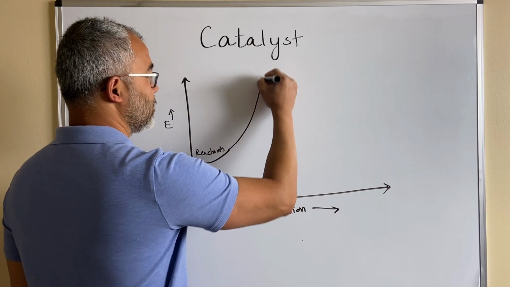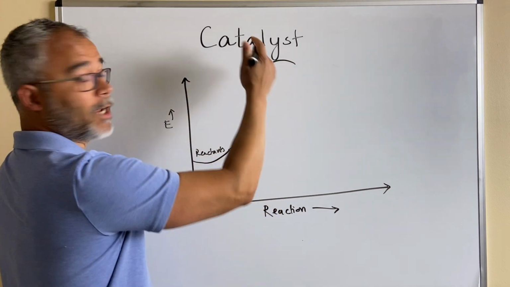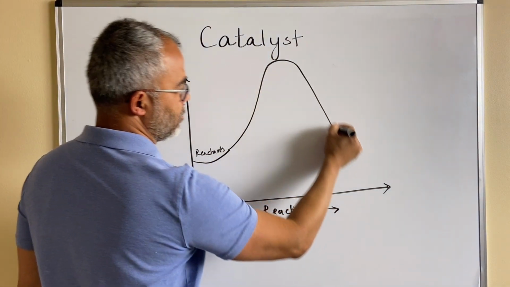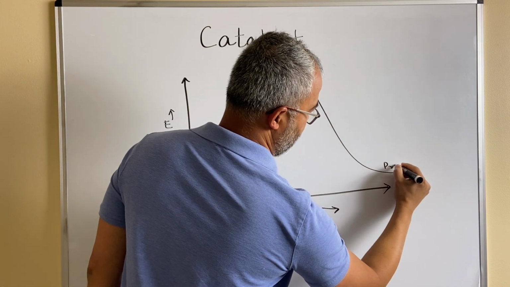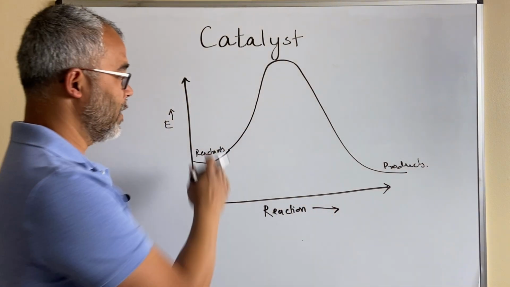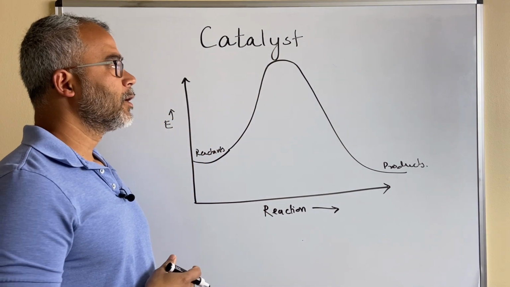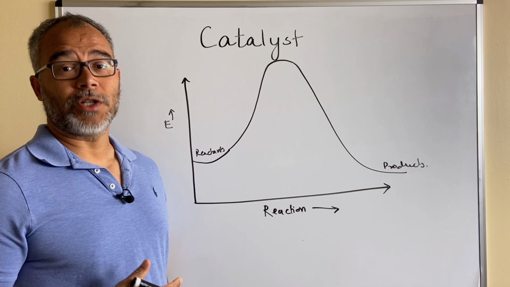They go up, and let's say the energy barrier is really high. So you need a huge activation energy to surmount that barrier to be able to get to your products. Now, when the energy barrier is really high, you need a high activation energy. The reaction is going to be a very slow reaction.